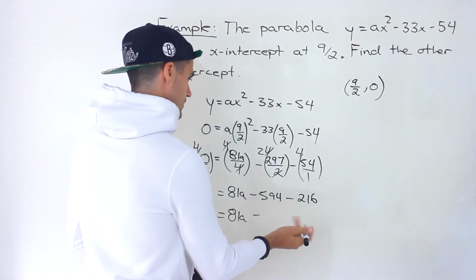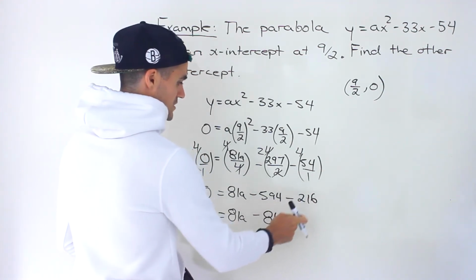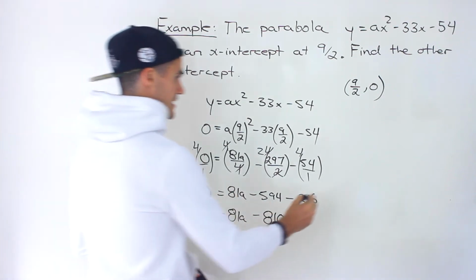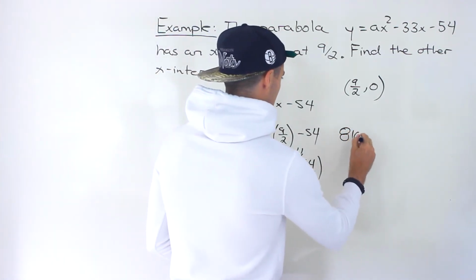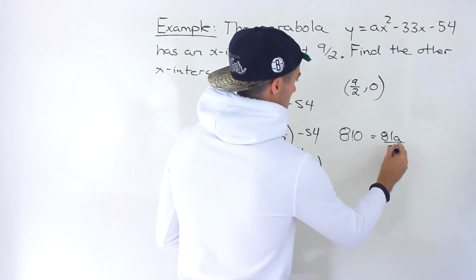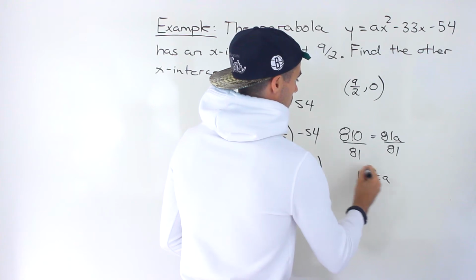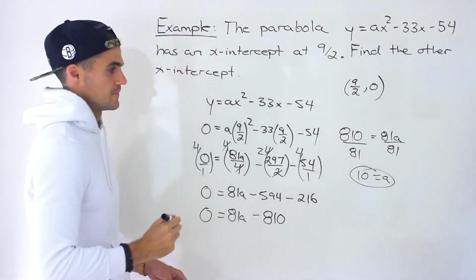These two would net out to 810, right? Minus 594 minus 216 is negative 810. Bring the 810 over, so we'd have 810 equals 81a. Divide both sides by 81. We end up with an a value of 10.